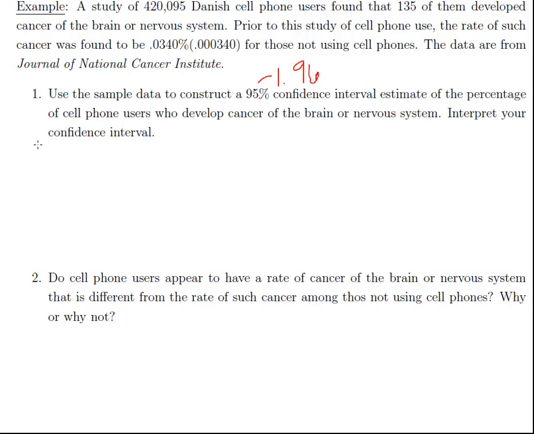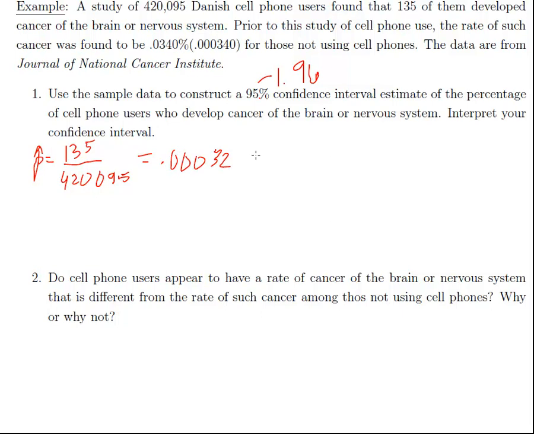And I just do the same thing. I want to compute P hat. I got some big numbers here, but I got 135 divided by 420,095. That's going to be equal to 0.00032.